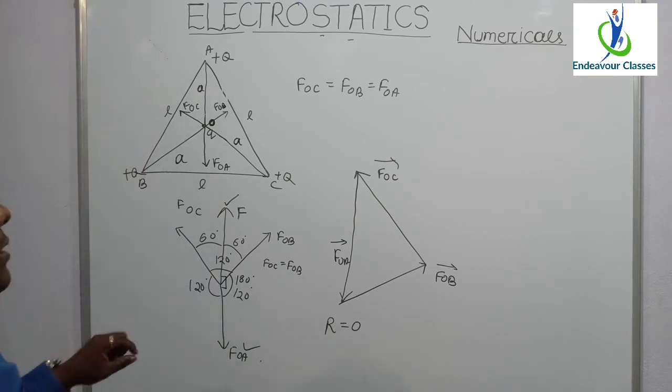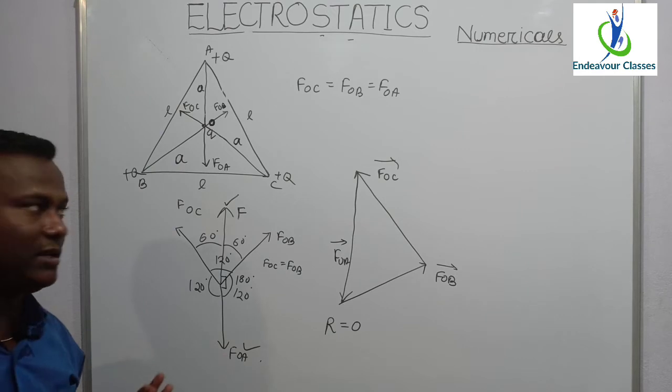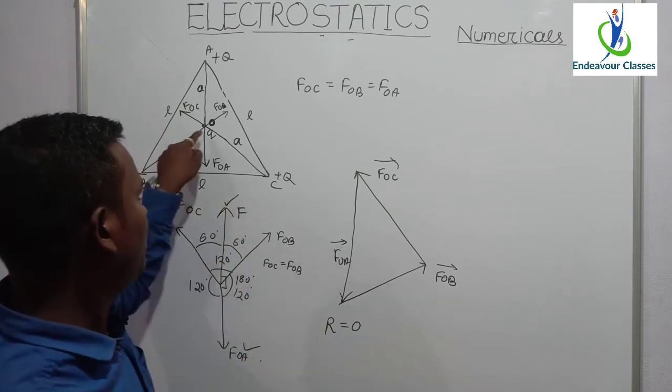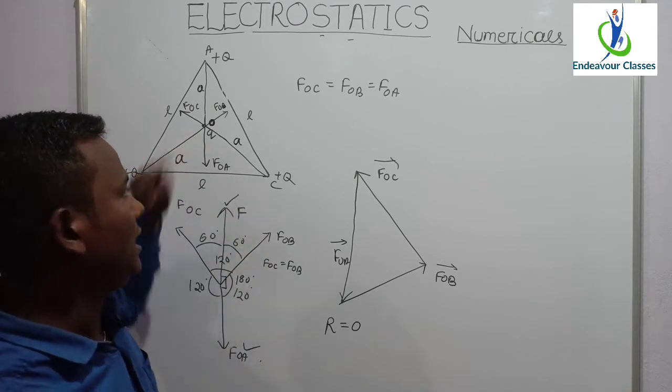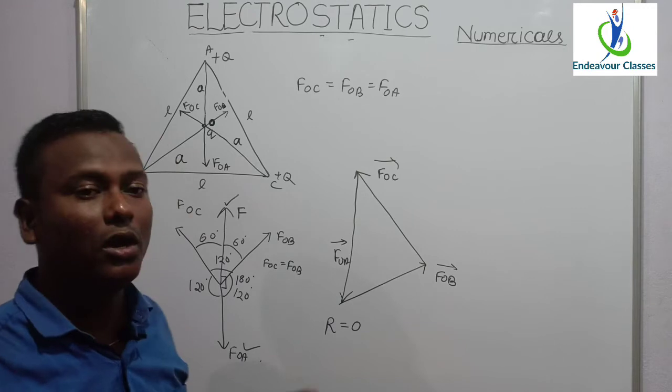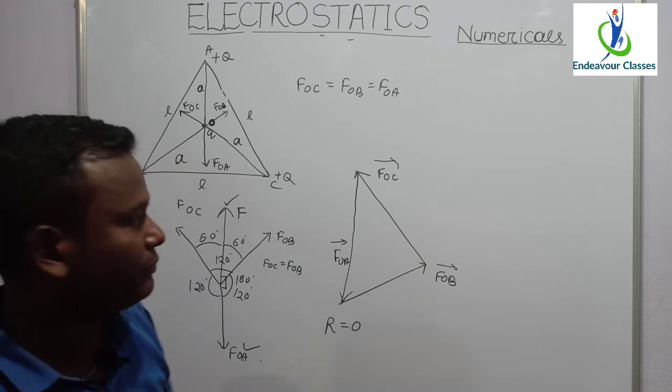So when three equal charges are located at the three vertices of an equilateral triangle, then if another charge is placed at the centroid of the triangle, the net force on that charge will always be equal to 0.